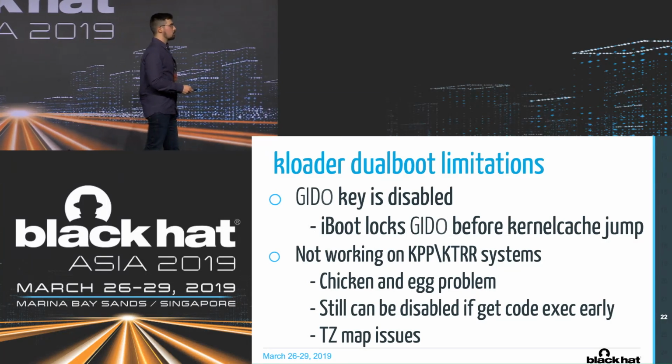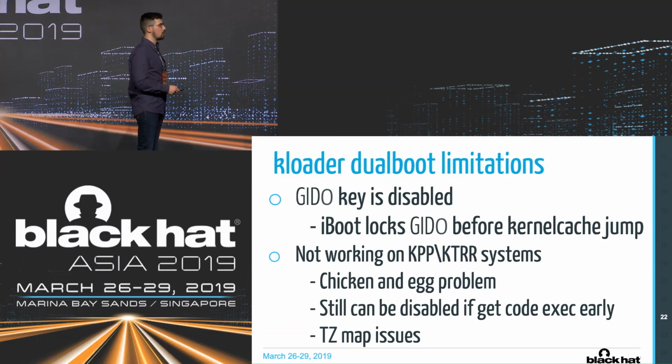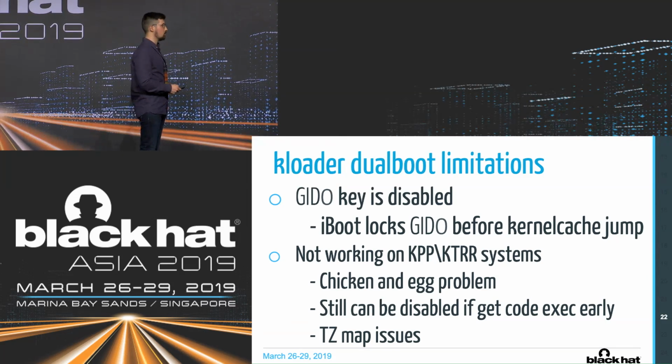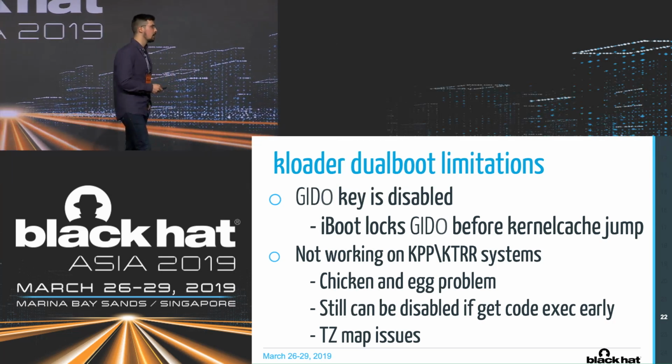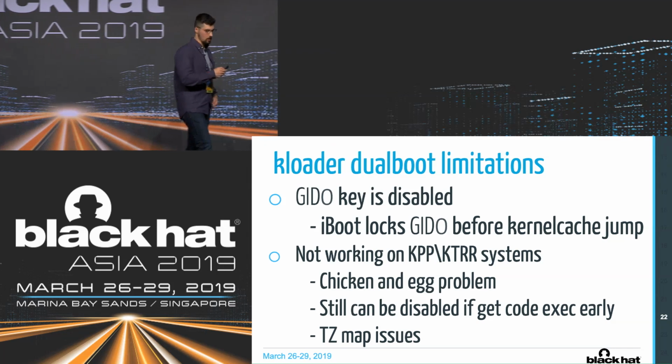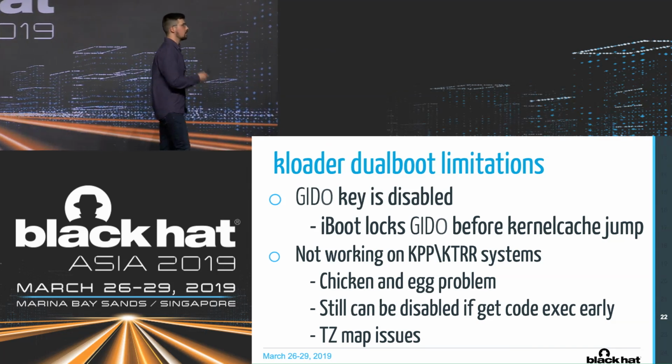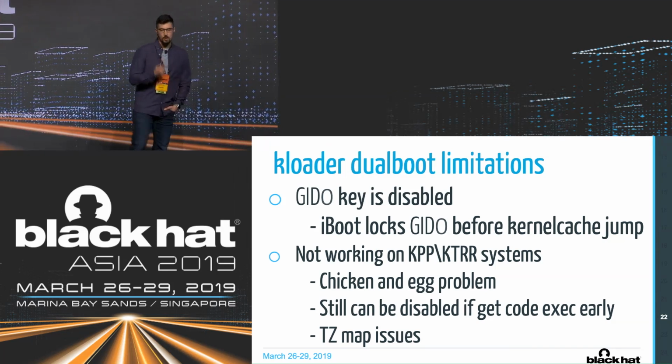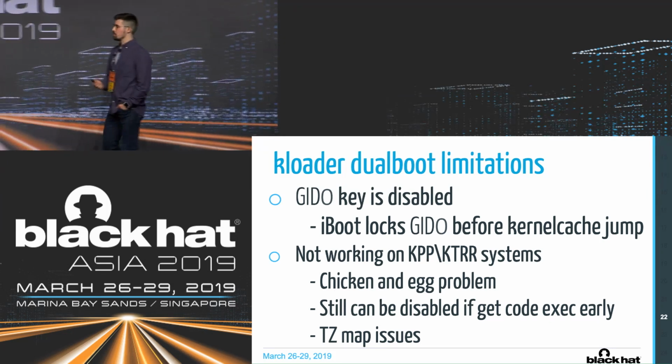There are a few ways to bypass it. The last successful one was by Luca Todesco in the Yalu 10 jailbreak. But even if we can disable KTRR, there are still some trust zone map issues; there is a trust zone memory overlap. So in other words, dual boot from the kernel is not really working on newer systems.